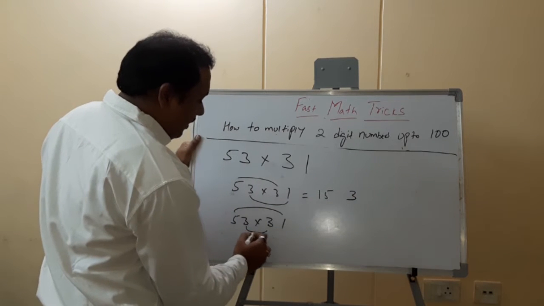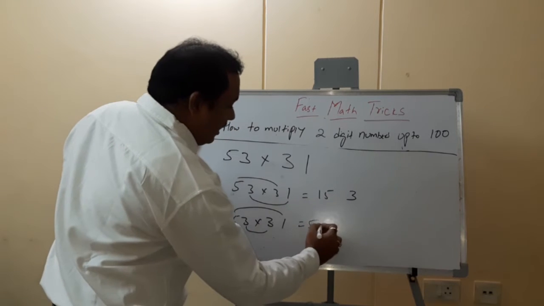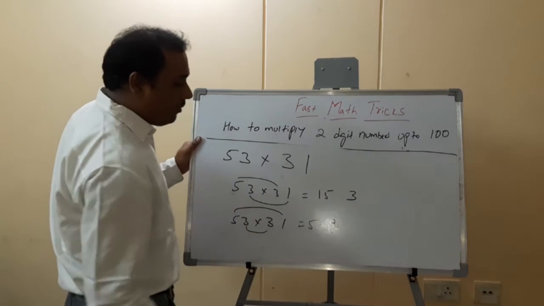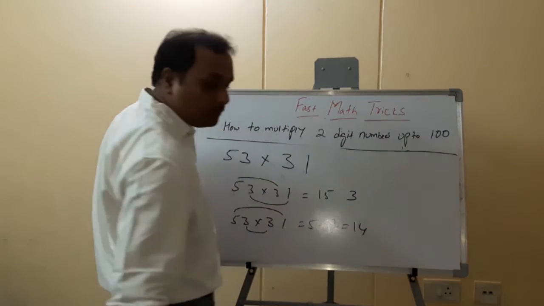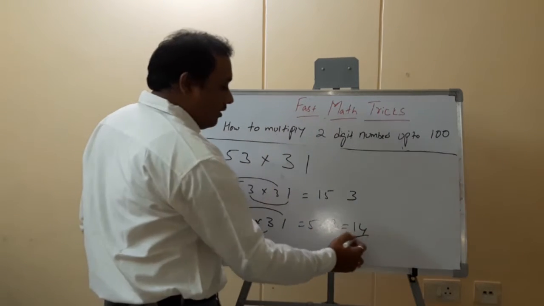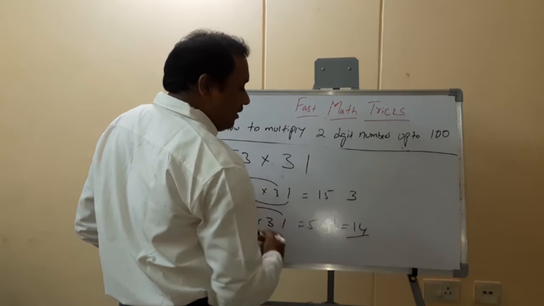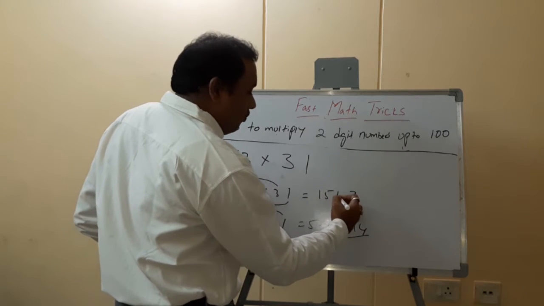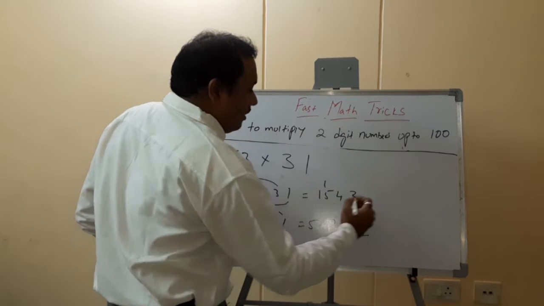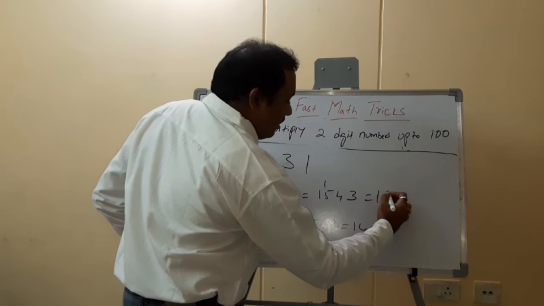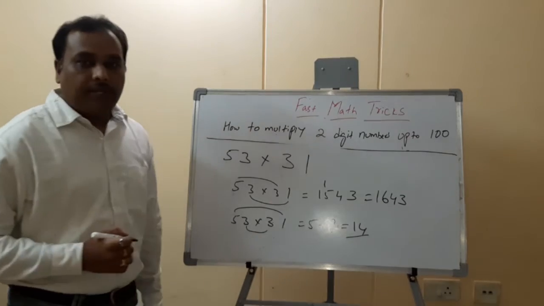Then 5 1s are 5 and 3 3s are 9. So 9 plus 5 is equal to 14. This 14 we can't write here because we can only get one digit here. So we write 4 here and carry 1 to the other side. Now the answer will be 1643.